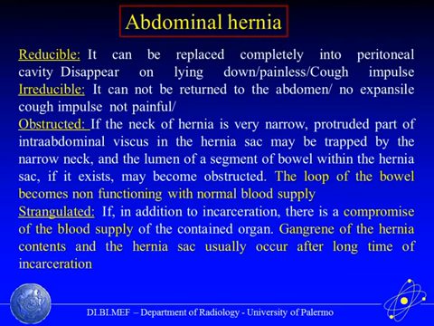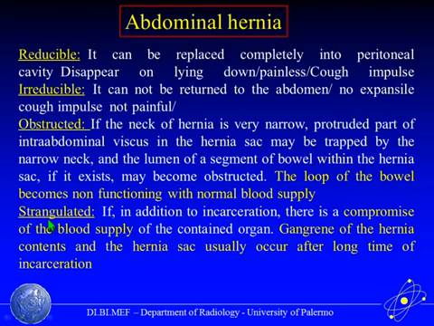Actually, abdominal hernias may be reducible when they can be replaced completely into the peritoneal cavity, but they can be irreducible when they cannot be returned to the abdomen. Abdominal hernias can also be obstructed if the loop of the bowel becomes non-functioning, even if the blood supply is still patent, still good, normal.